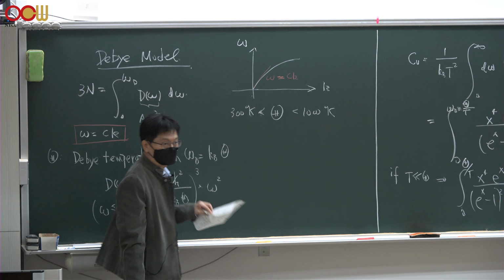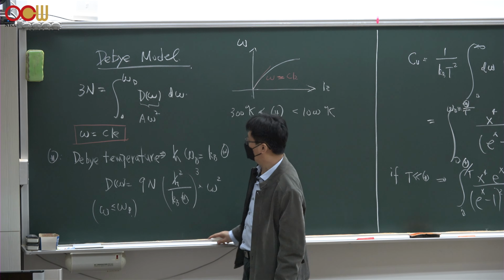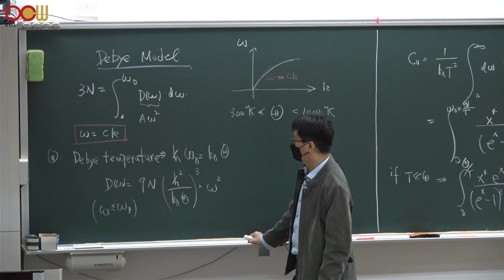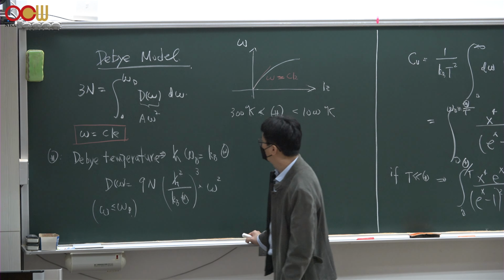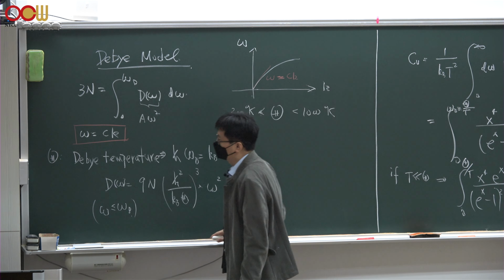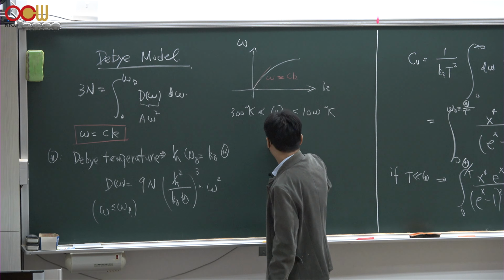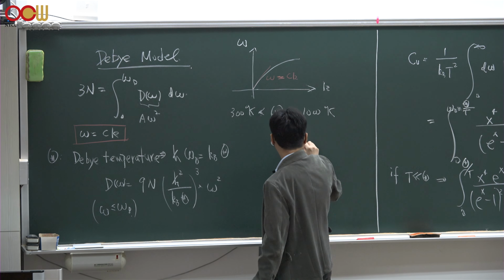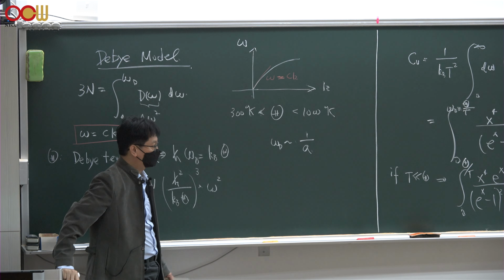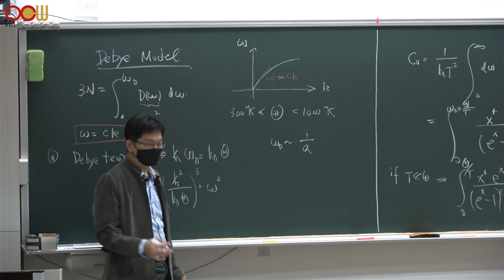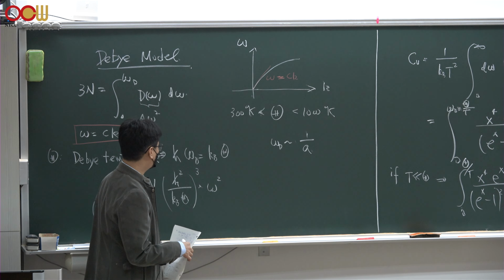the Debye approximation. Debye took this assumption, linear dispersion, and assumed that the density of states shows a cutoff at a higher energy or frequency, which we call the Debye frequency, omega D. It's usually inversely proportional to your lattice constant, because that's the natural cutoff in real space, and the inverse of that natural cutoff is the natural frequency cutoff.